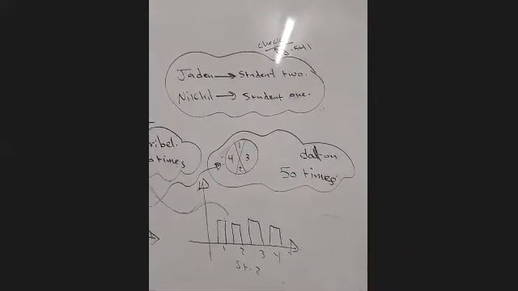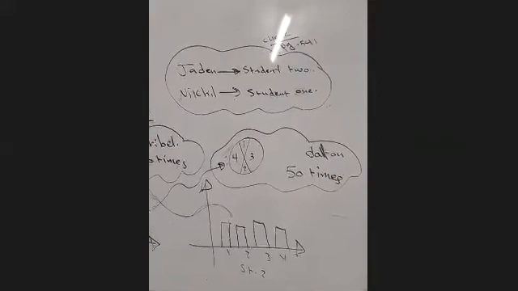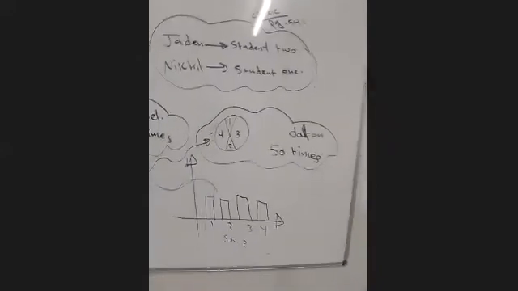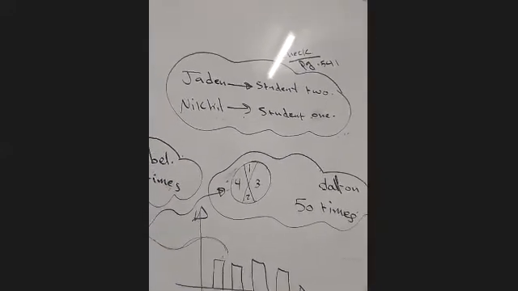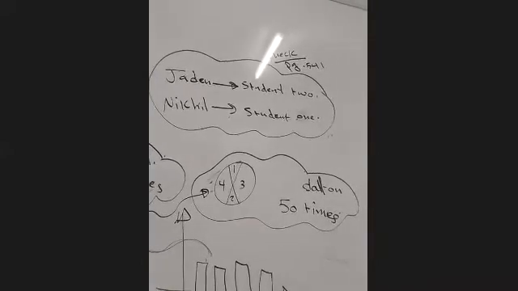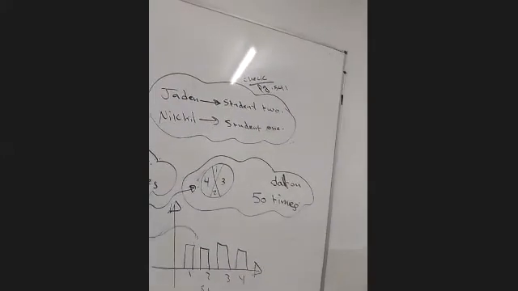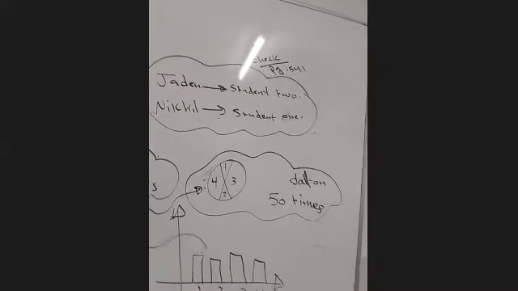Tell me, why? No, I'm asking Yazan. Why? Explain your reasoning means you need to explain your answer, right? Yes. Explain it in your own words. Why is Jaden a student 2?